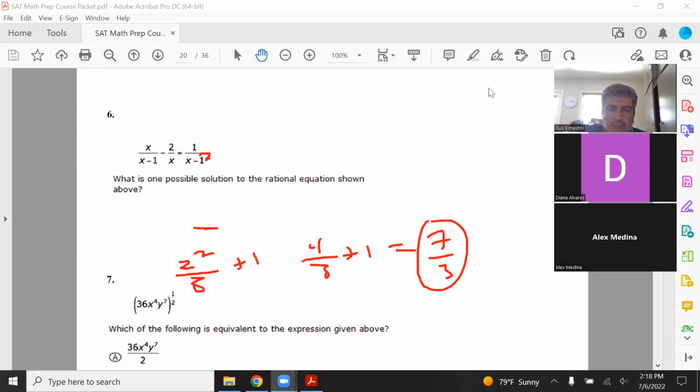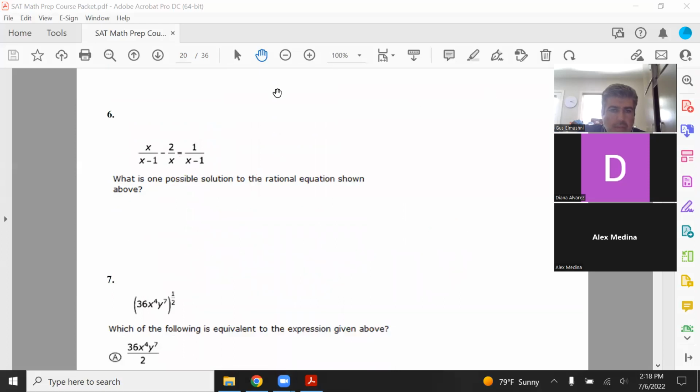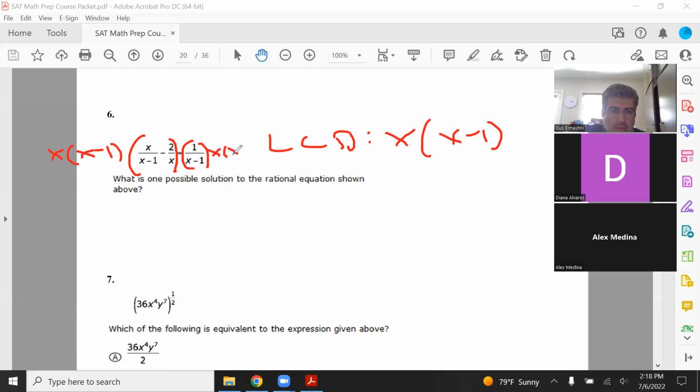Number 6 was a possible solution for the rational equation. So the LCD here is x times x minus 1, and I'm going to multiply x times x minus 1 to all the fractions. If you do that correctly, x over x minus 1 times that will be x squared. The other one will be negative 2x minus 1.